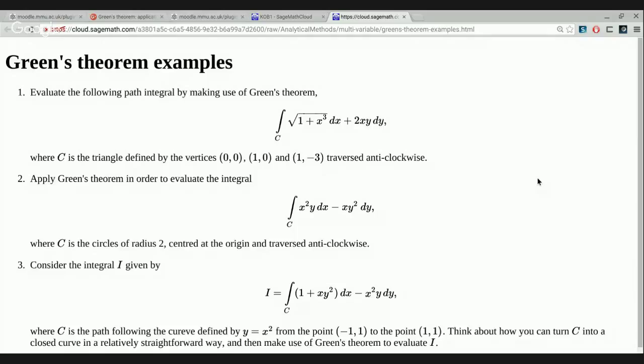but we'll avoid evaluating it directly, and instead show how you could use Green's theorem to help you do it, by avoiding integrating along the path and instead integrating over a certain two-dimensional region.